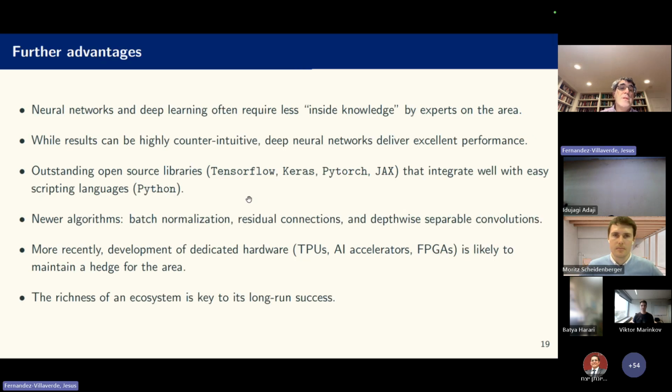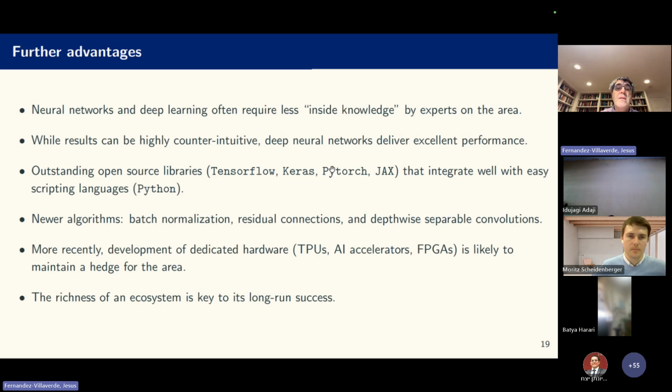And the last thing, which is probably also related to Victor's question, is the fact that neural networks are fantastic because you have great libraries. And over there, let me point out PyTorch, this one over here. If you want to learn one and only one library to implement neural networks, learn PyTorch.